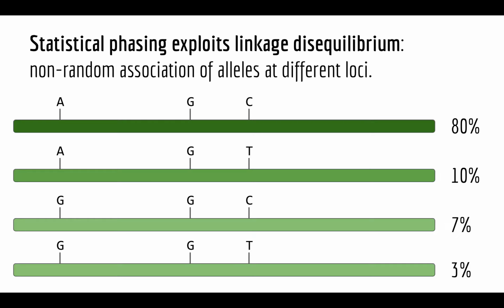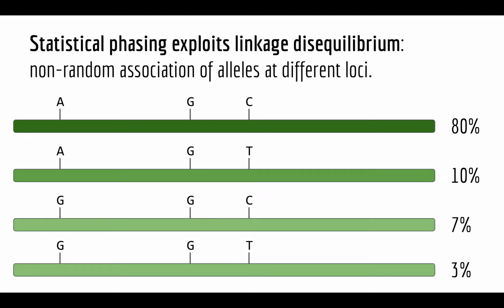This was done for fly. The idea is that if alleles are near one another on the same chromosome that's inherited, they tend to be linked or inherited together. Because if they're really close to one another, the probability of recombination between those 2 sites is low.